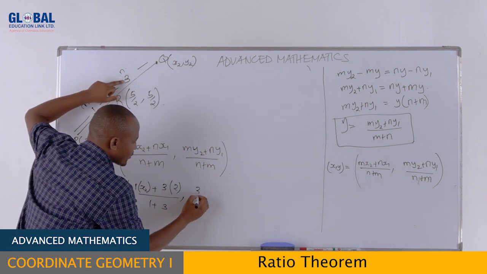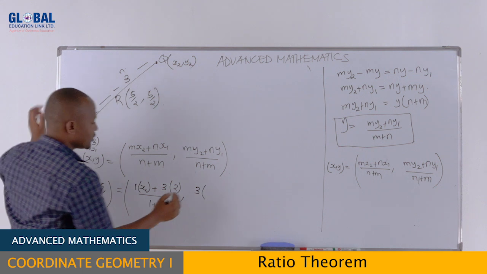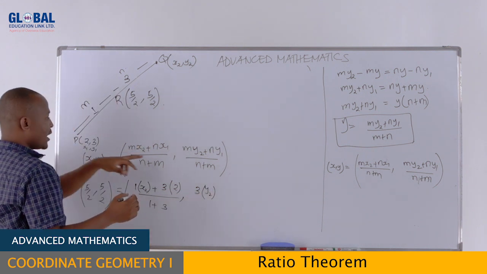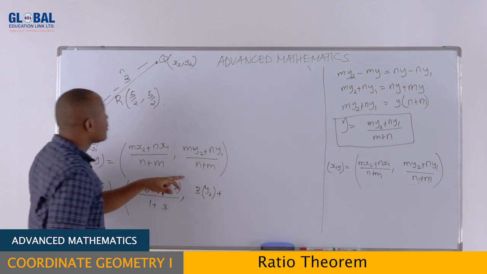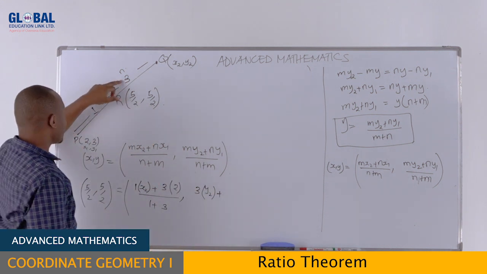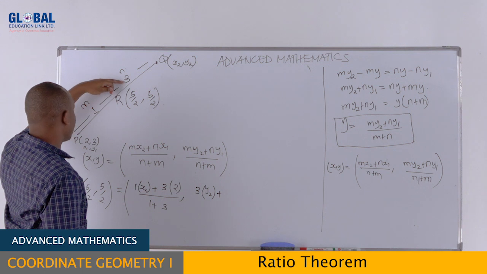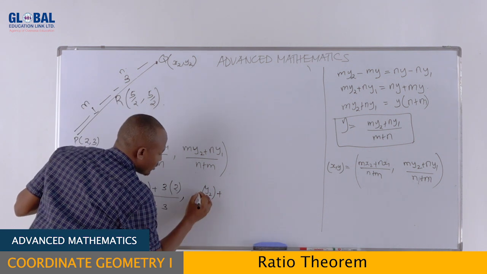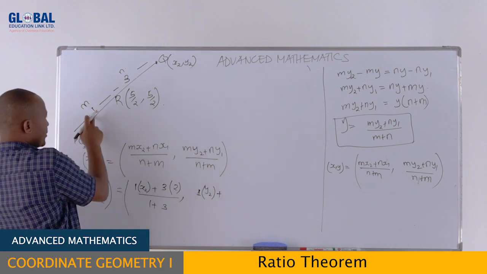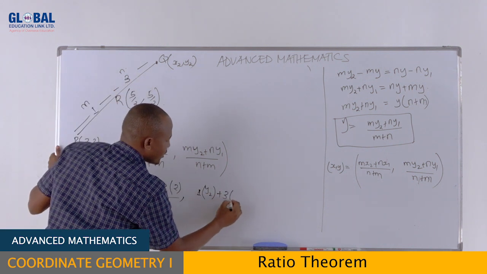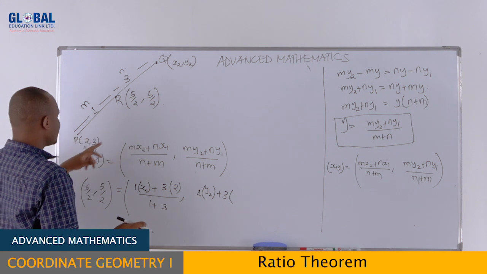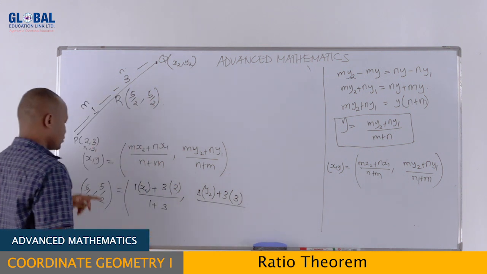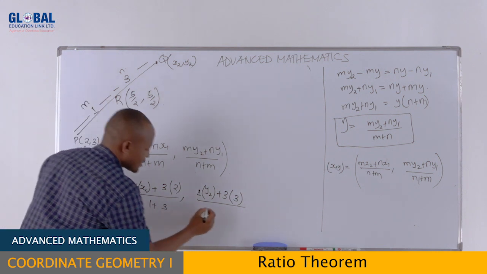It is 1, y2 as it is the point we are told to find, and then plus n, what is our n? It is 3. Oh sorry, it is m and there is n, so it is 3 y1, and what is y1? It is 3, over 1 plus 3.